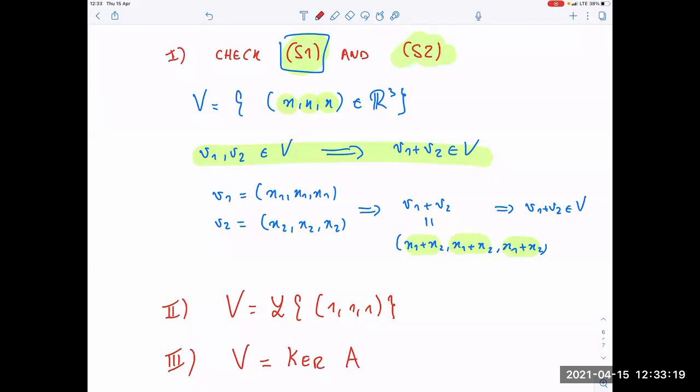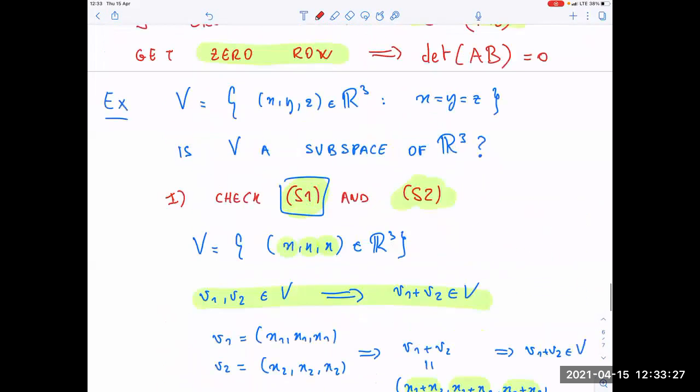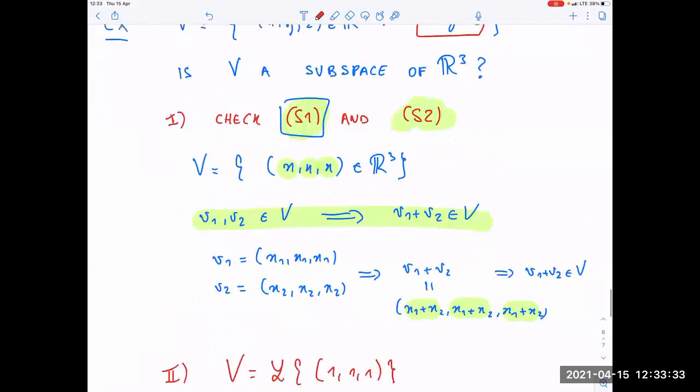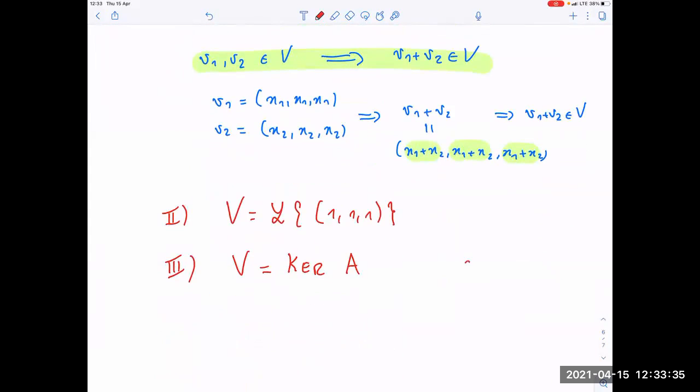So it's not the kernel of the identity matrix. I suggest that you go back and see that this is a linear system of equations, right? So write it down. So this x equals y equals z. What is the matrix associated to this system? Let's see if you have some nice idea.